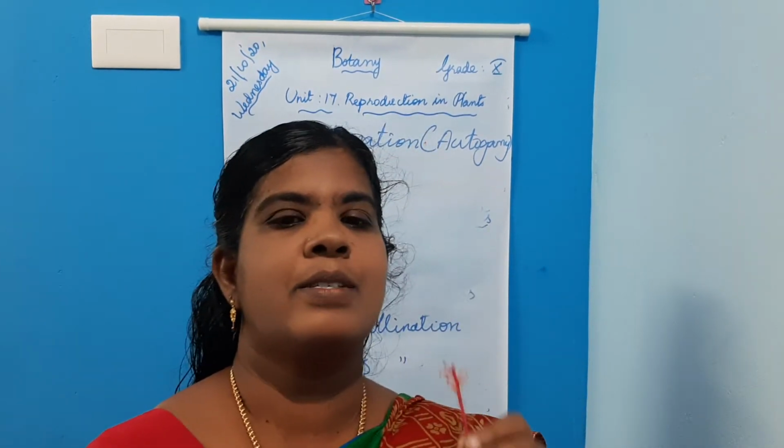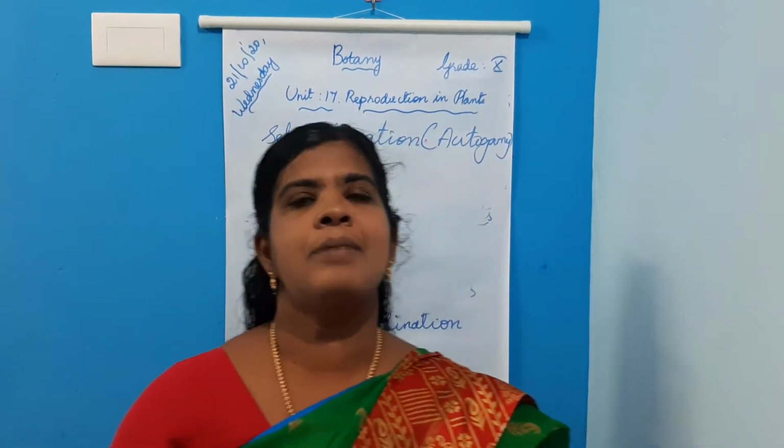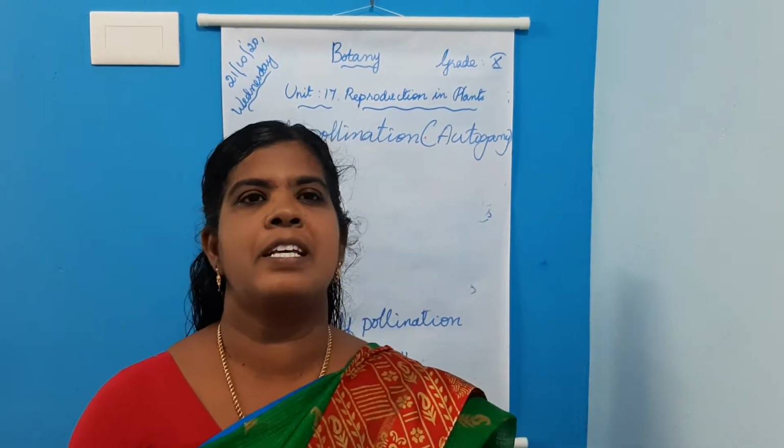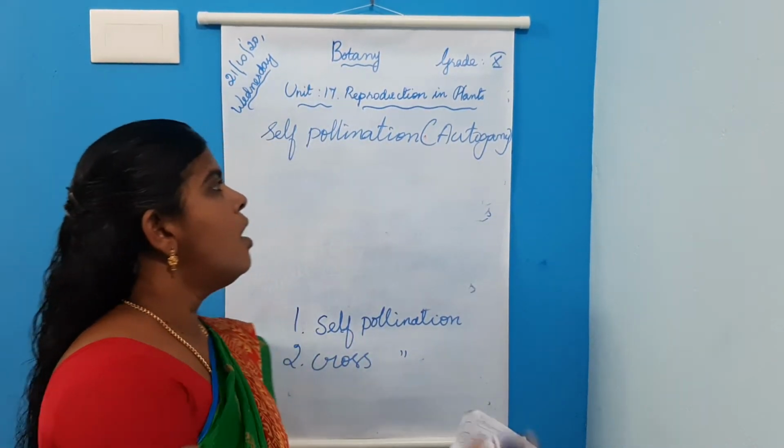That is self-pollination, also called autogamy. Example, hibiscus.